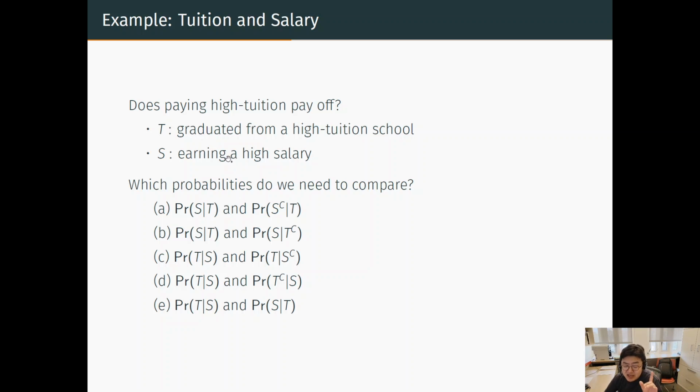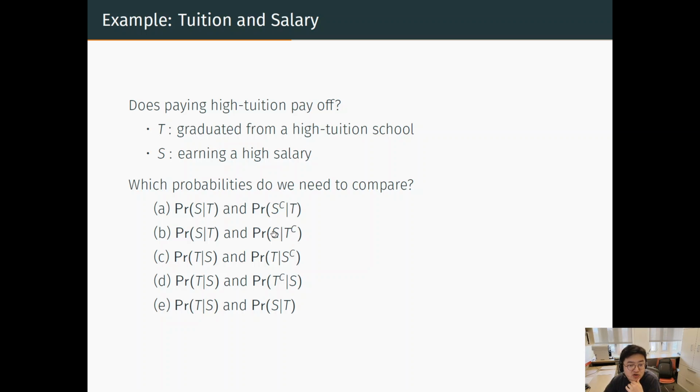In this sentence, if you graduate from a high tuition school, that already means the condition is high tuition, T. Versus, if you graduate from a low tuition school, how much would you make? So the condition is T complement.